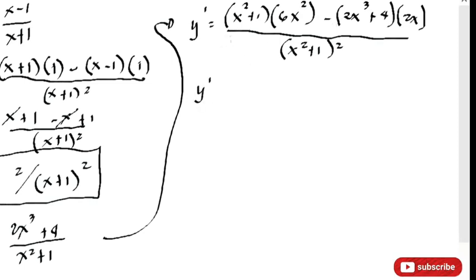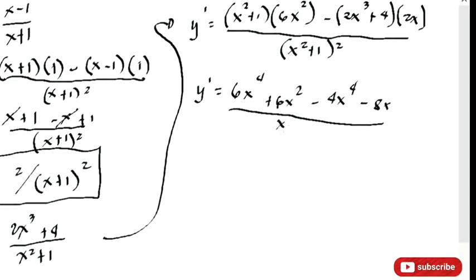Y prime is equal to, let's simplify, 6x to the 4th plus 6x squared minus, if we multiply this out, 4x to the 4th minus 8x, over x squared plus 1, the quantity squared.